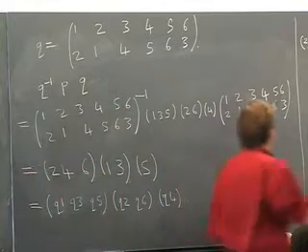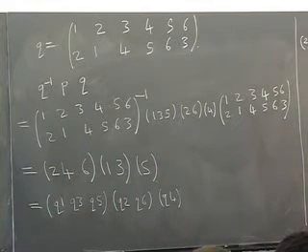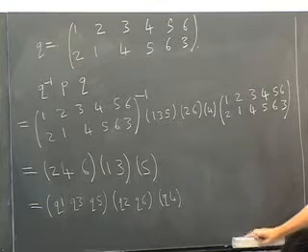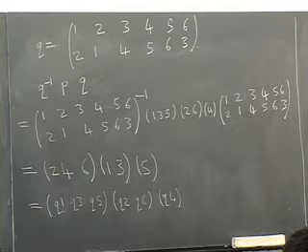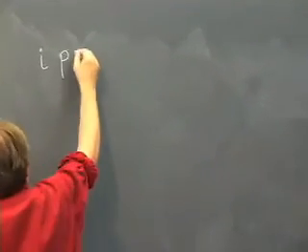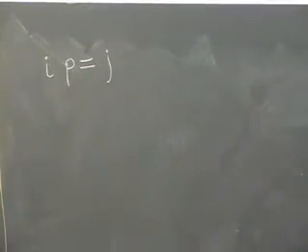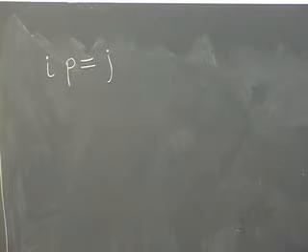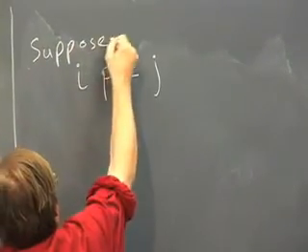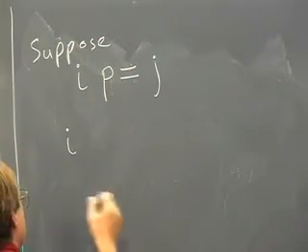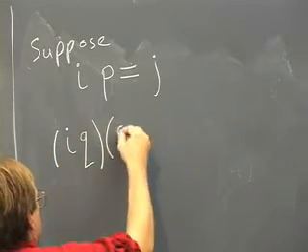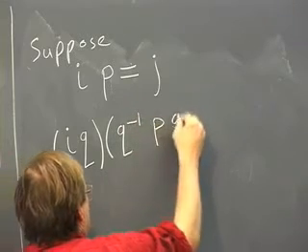So let me, in case that's not obvious, explain slightly more carefully why that's true. So the key point is the following formula. Suppose I is sent by P to J. And now what are we interested in? We're interested in I acted on by Q, which is going to be sent by the product Q inverse PQ.